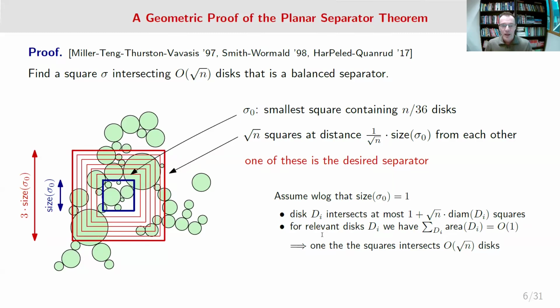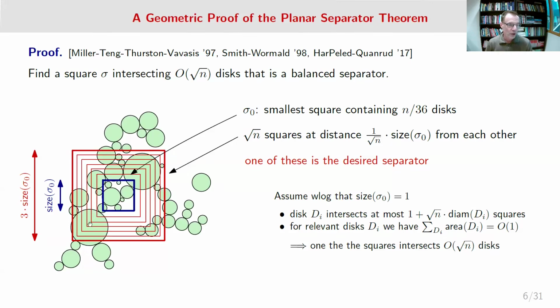If you look at the disks that we care about, then the sum of the areas of the disks is order 1. Why is that? This red square is a 3 by 3 square, so it has area 9.